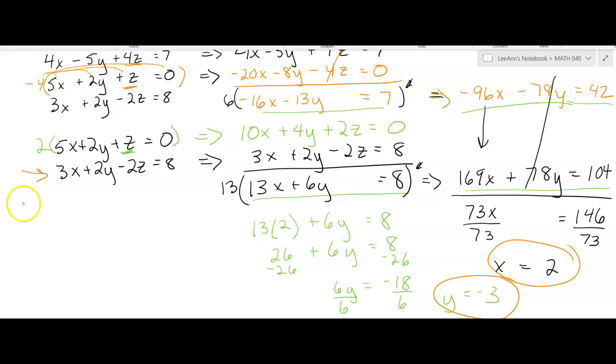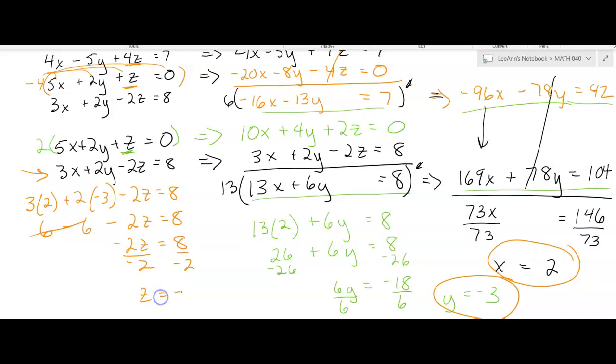And so I'm going to get 3 times 2 plus 2 times negative 3 minus 2z equals 8. And so this is a 6 minus 6, minus 2z equals 8. Those cancel out. Negative 2z equals 8. Divide by negative 2, and I get z equals negative 4.